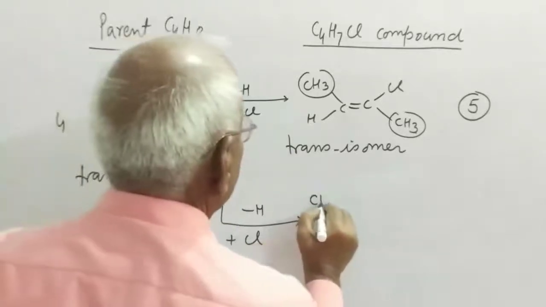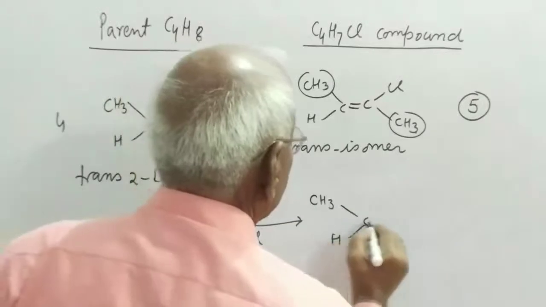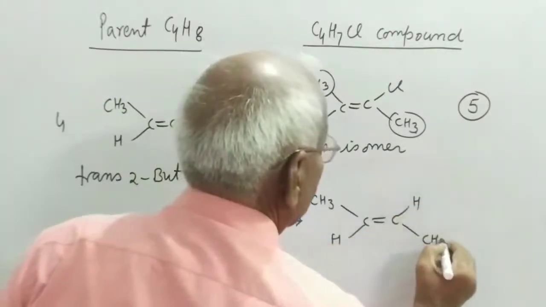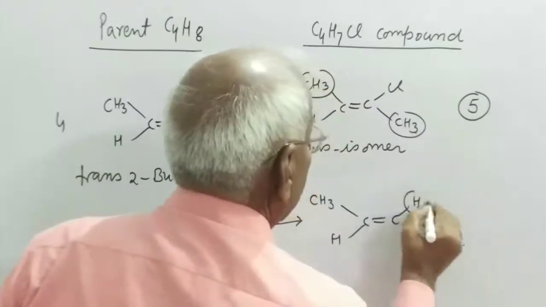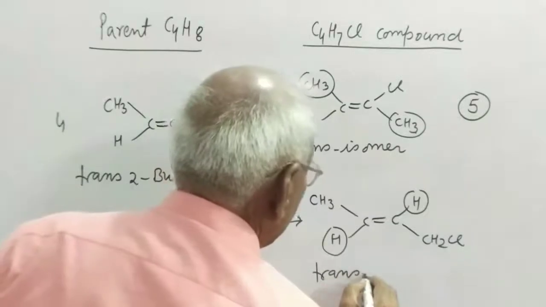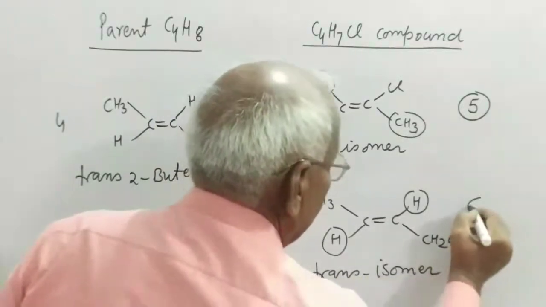So we get CH3, CH double bond CH, CH2Cl. In this case, it is the trans isomer. Label it 6.